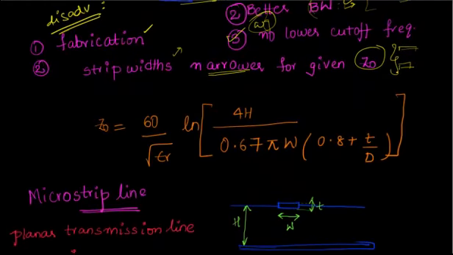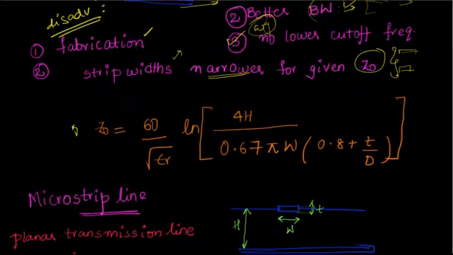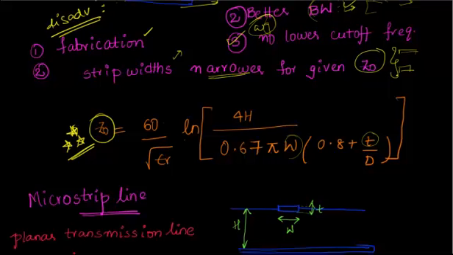Now this is the equation for calculating the impedance. 60 by epsilon r log of 4h by 0.67 pi w, 0.8 plus t by d. T is thickness, w is width, epsilon r is relative permittivity.